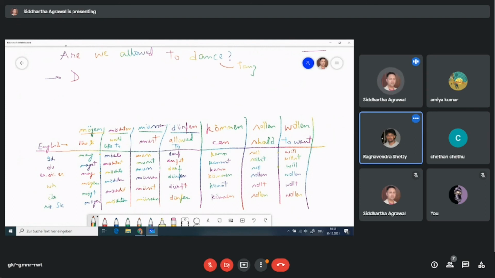Just to focus on, friends, pronunciation is most important. So it becomes Durfen, Durfen wir, tanzen. Durfen wir tanzen, right? Then I will take a last, maybe a maximum of a couple of examples.